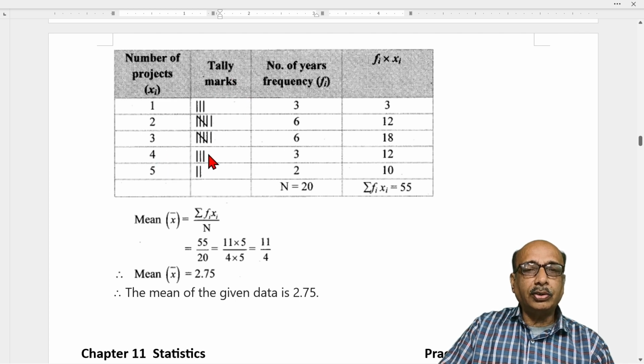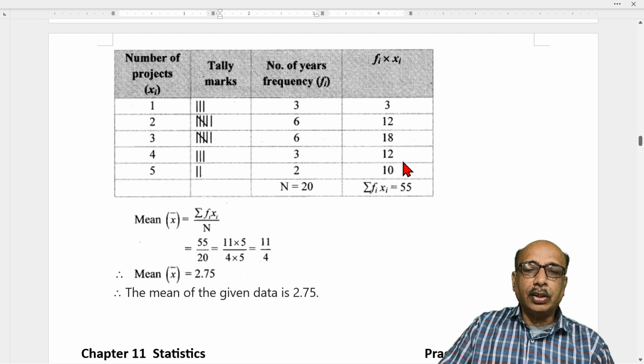Tally marks, now you know how to write. From tally marks, you know how to write the frequencies. After writing the frequency, number of years, frequency fi, you take the total of this, N equals 20. Next column is fi xi, product of 3 into 1 is 3, 6 into 2 is 12, and so on.